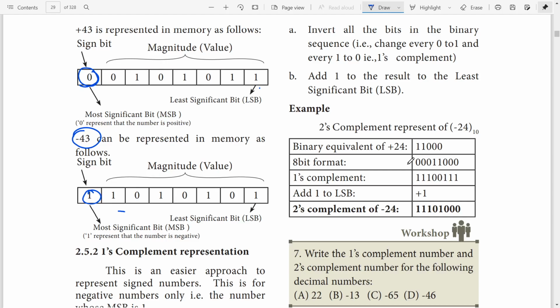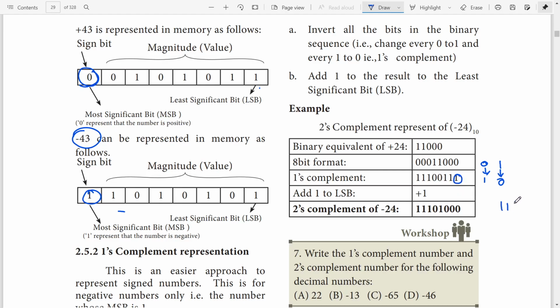Convert it to 8-bit format: 00011000. Next, the one's complement: instead of 0 you write 1, and instead of 1 you write 0. Then add 1 to the least significant bit, which is here.